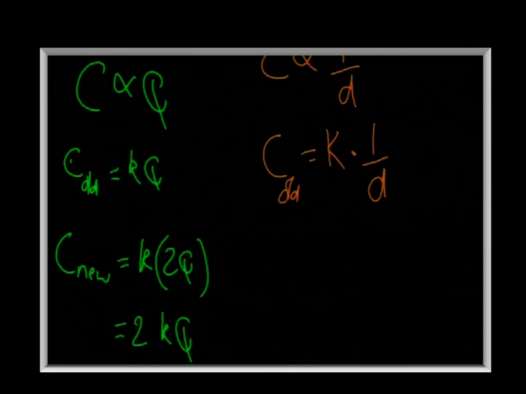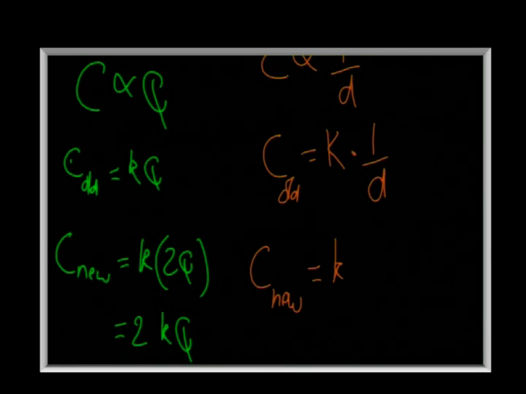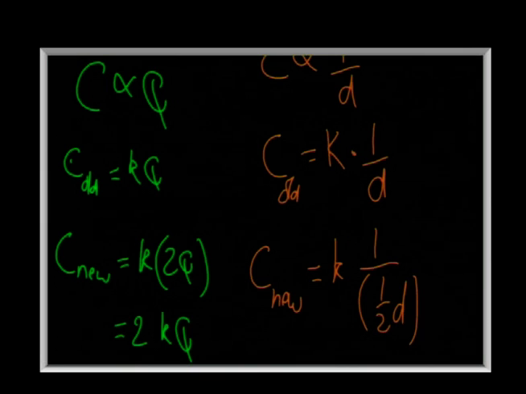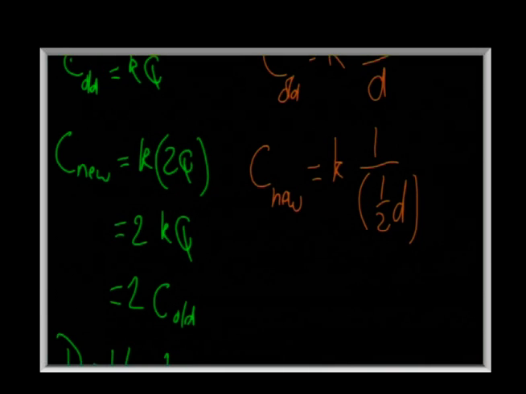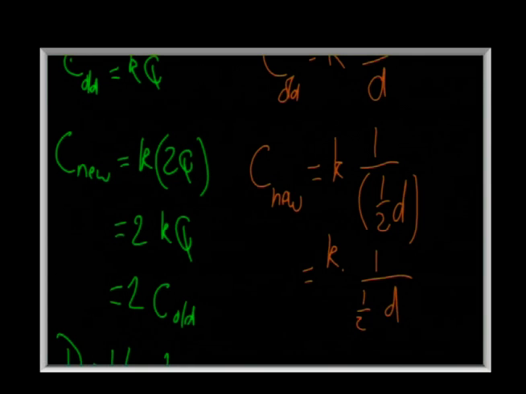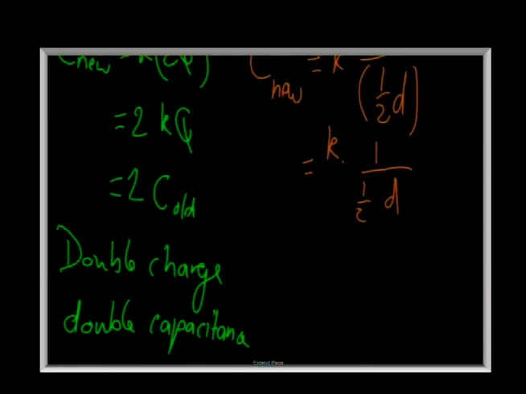Well, what's the new one going to be? C, the new capacitance, is still going to be K, but what have we done to the d? We've halved it. So in the brackets here, I'm going to put half d, half what the original d was. Now there's a bit of arithmetic. K is still there, 1 is still there, half is on the outside, d is over there. What do you do when you've got a fraction and you're dividing by a fraction? You invert and you multiply.